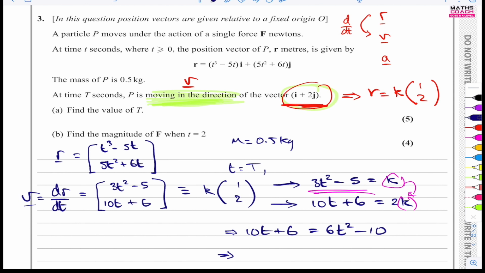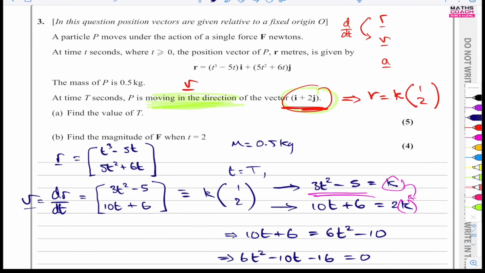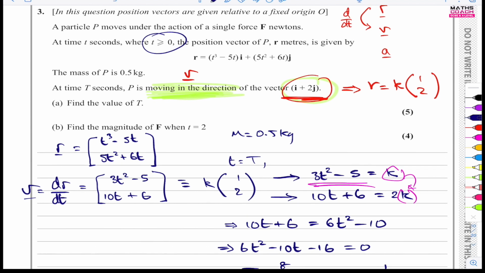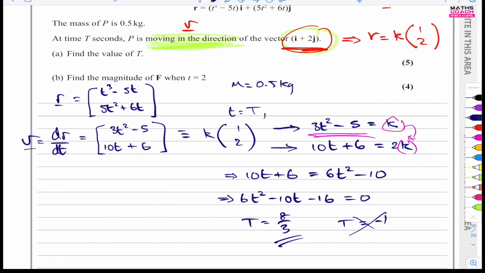So rearrange as 6t squared minus 10t, and then minus 10 minus 6 is minus 16. You can simplify or just put into our calculators and get the t values. Okay, I guess we're going to ignore the negative value because our t value has to be positive. So cross this out. So t is this.